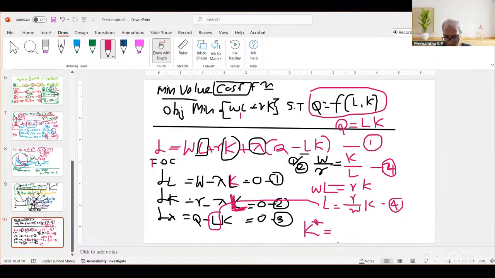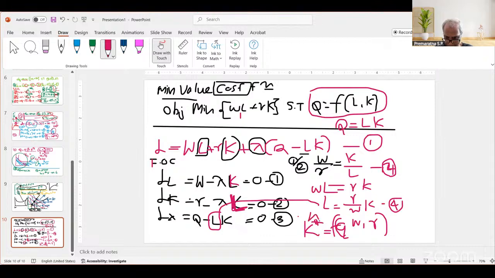You get a function of Q, W, and R. You do it. That is the capital demand function.